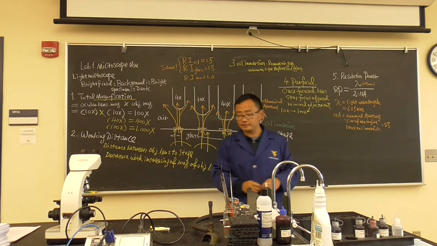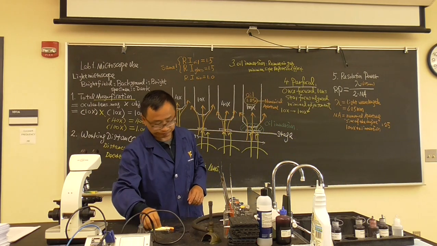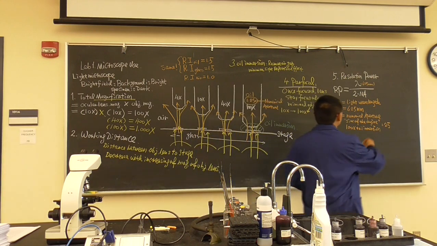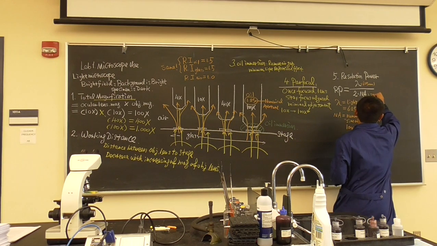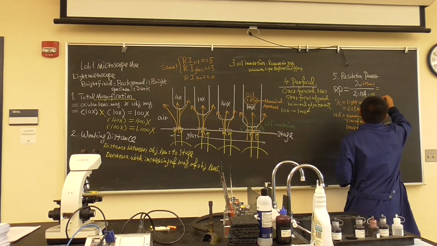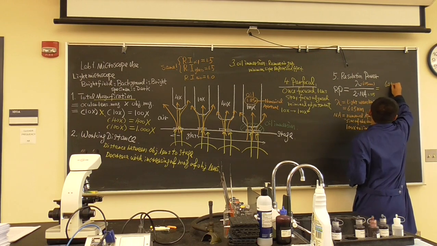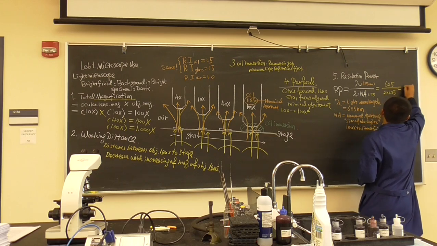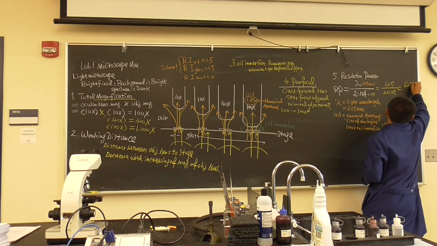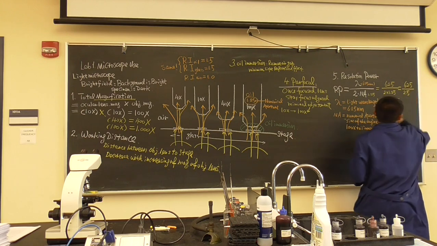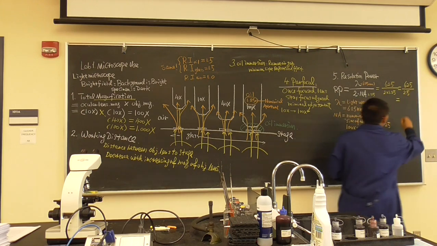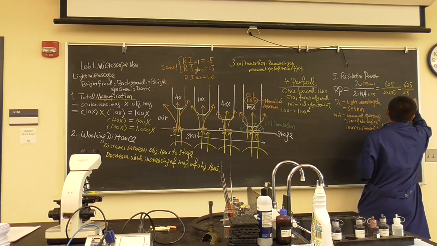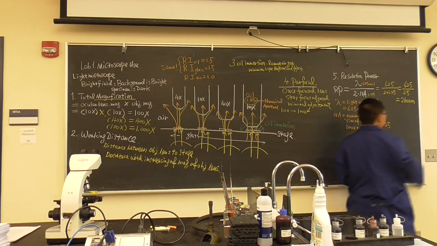So we can do a very simple math calculation. This is 1.25. So what does it equal? 625 divided by 2 multiplied by 1.25 equals 625 divided by 2.5. That equals how much? 260 nanometer.